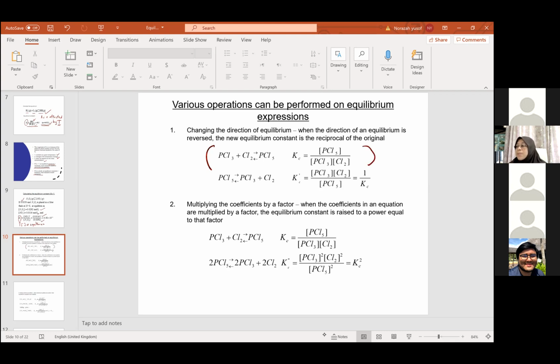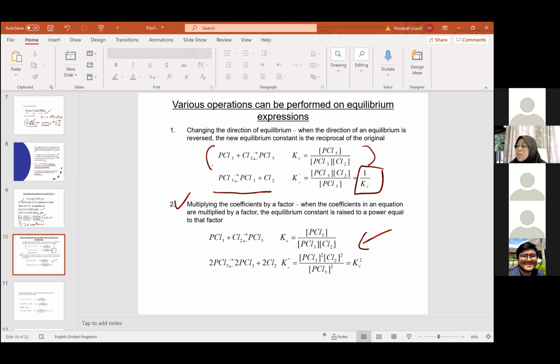You can do the reverse reaction, so it is not negative Kc, it's 1 over Kc. You can reverse the reaction and multiply the coefficients by factors. So you can do mathematical operations on the equilibrium expression.